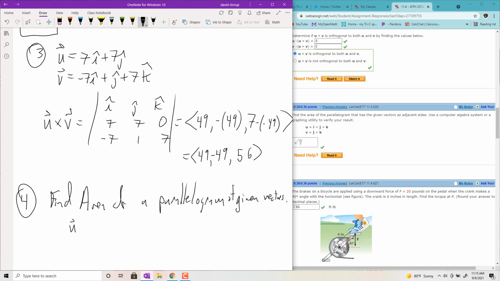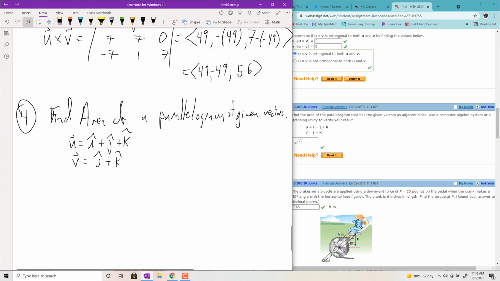So our u vector in this case, i j k, the v vector, 0i, 1j, 1k. So the area of the parallelogram of these given vectors will be the magnitude of the cross product. So first I need the cross product.